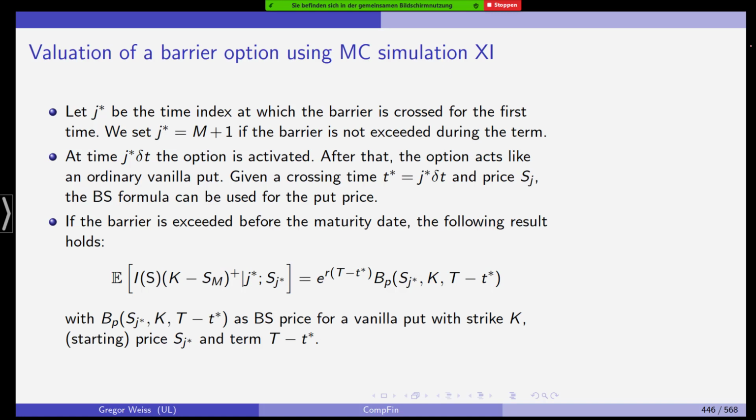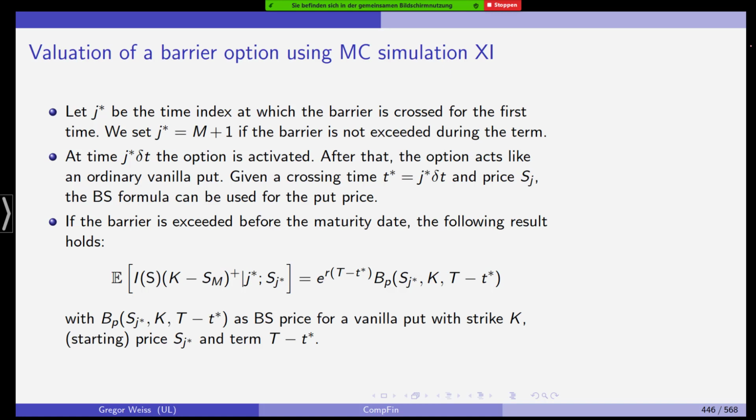Let J star be the time index at which the barrier is crossed for the first time. So we set J star equal to m plus 1 if the barrier is not exceeded during the term, meaning that if J star is m plus 1, it has not been knocked in.